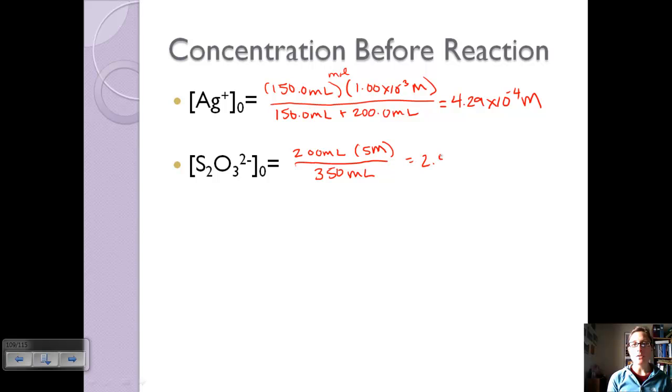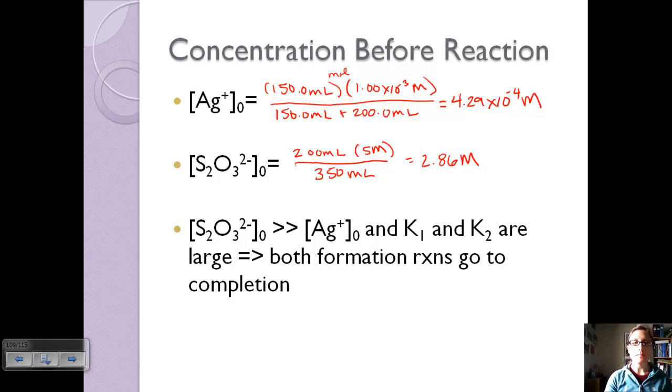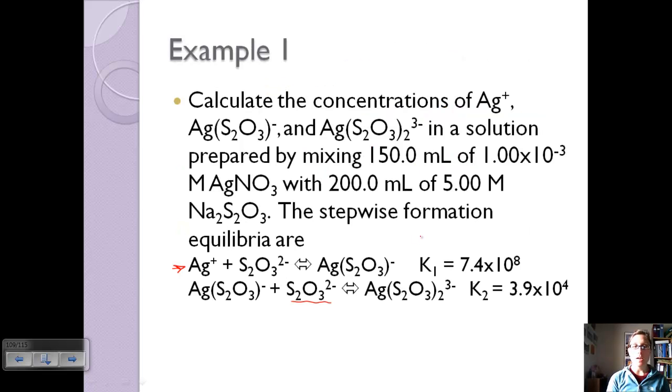And if we divide there, we get 2.86 molarity. So pretty large molarity there. So the concentration of our ligand is much bigger than the concentration of our silver. And our K1 and our K2 values are, excuse me, both very large. So this means that both our formation reactions are going to go to completion. And the formation reactions are these right here.